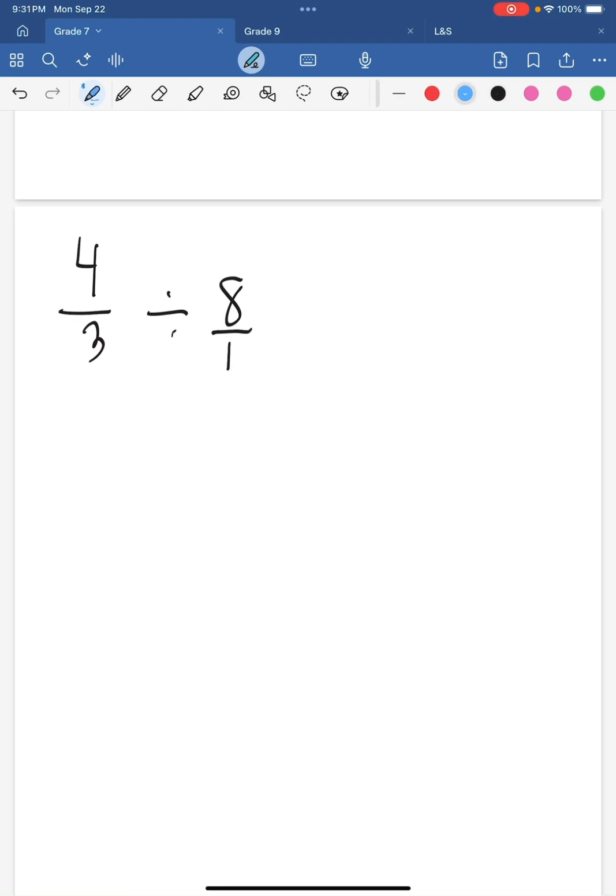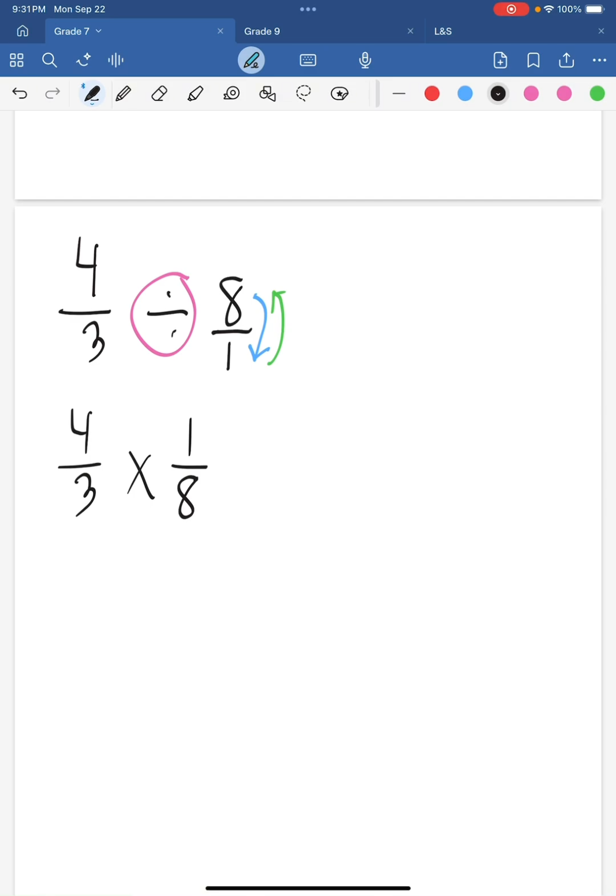So reciprocate the number. So 8 is going to be the denominator, and 1 will be the numerator. And don't forget our operation here. So we'll have 4 over 3 times 1 over 8.